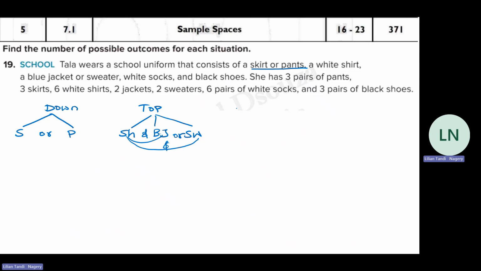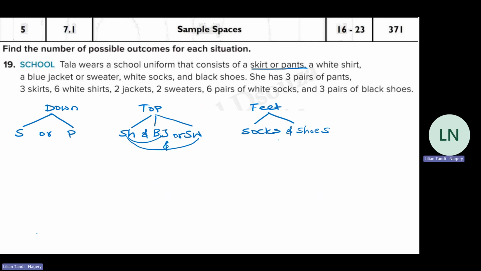Okay? Then on the feet, she can wear socks. She must wear socks and shoes. So this is socks and shoes. Okay.